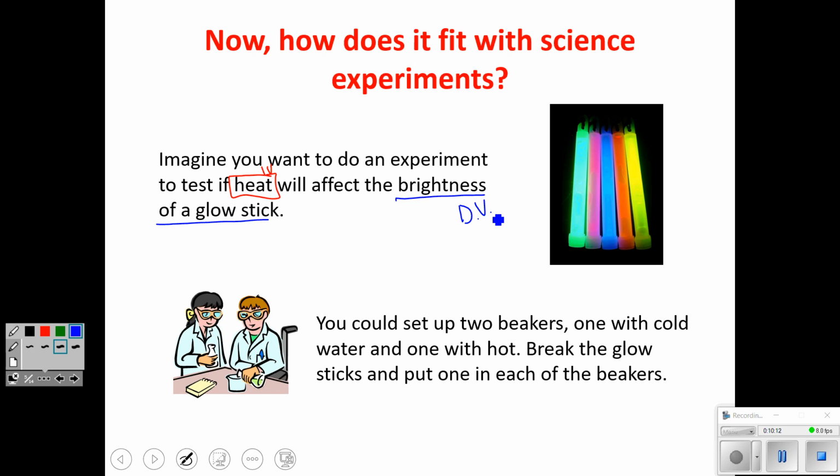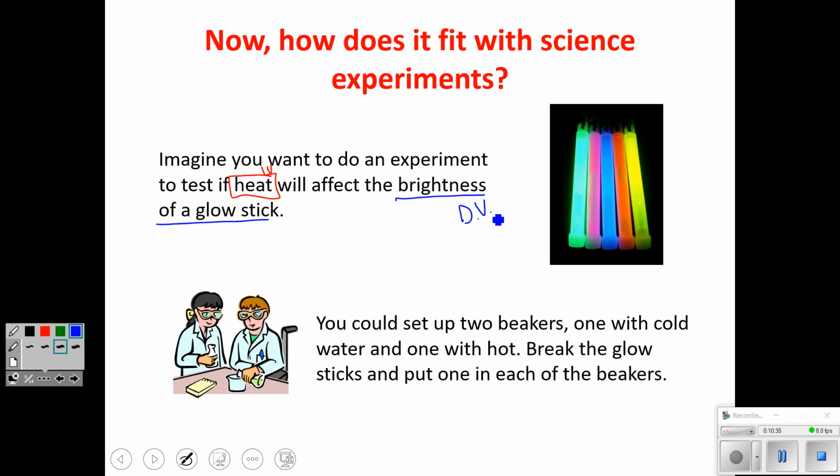Keep in mind that's measurable. It's a qualitative measurement because you can visually look at a glow stick and see if it's brighter than another glow stick. All right, so what you would do with testing this, and what you will do, is set up 2 beakers, one cold and one hot water. Break the glow sticks, put one in each of the beakers.